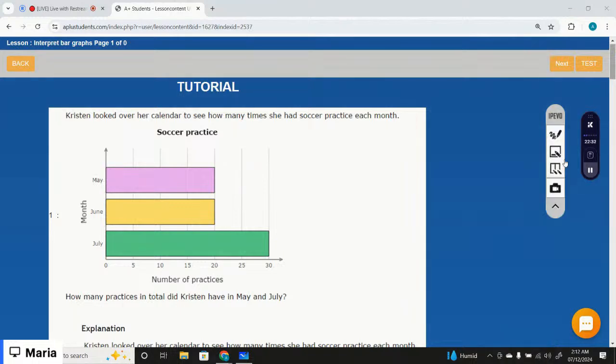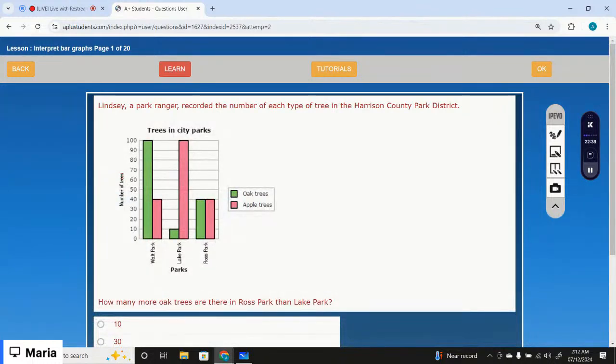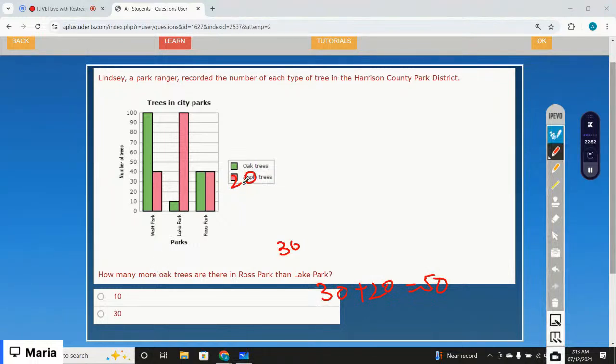Let's just start with the test questions. Lindsay, a park ranger, recorded the number of each type of tree in the Harrison County Park District. How many more oak trees are there in Ross Park than Lake Park? The green color represents the oak trees. In Ross Park, the oak trees are 40, and in Lake Park, the oak trees are 10.